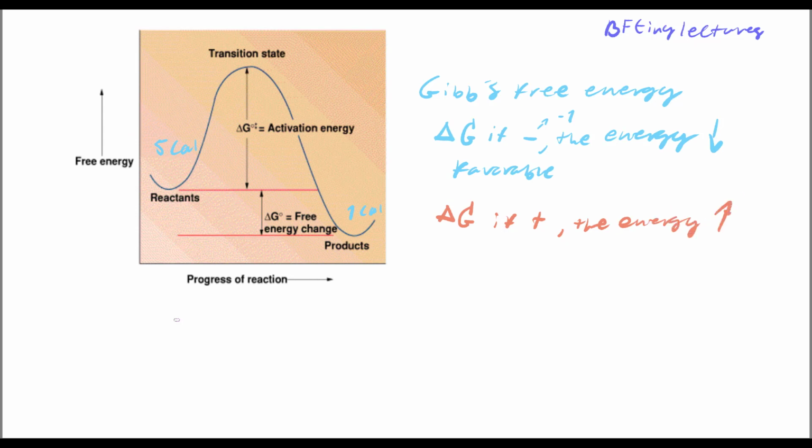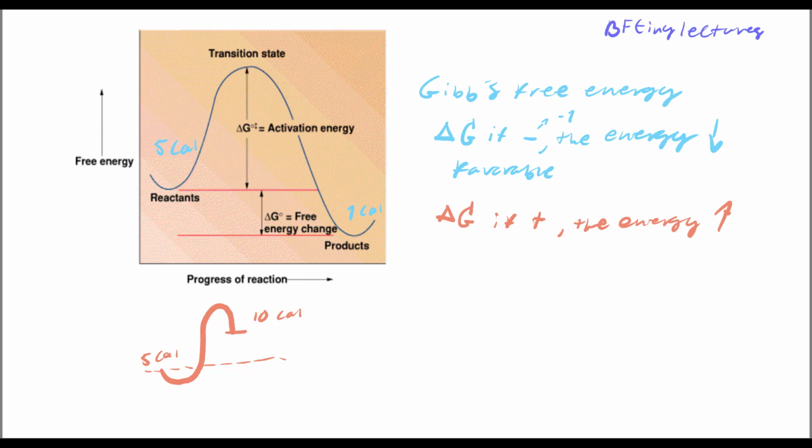So if we look over here, we're going to do like a copy. Here are our reactants. If I have my transition state right here and it ends, notice that relative to the starting point, the end point is a lot higher. That means that the energy actually increased. So if we have 5 calories over here, we're going to have about 10 calories right there. So this is really bad, okay? You do not want to be absorbing energy during reactions.